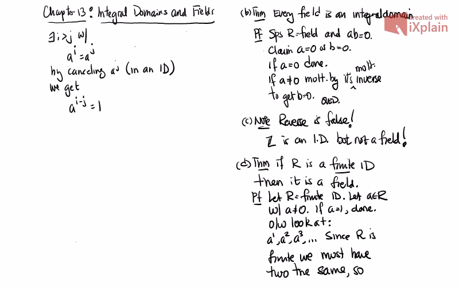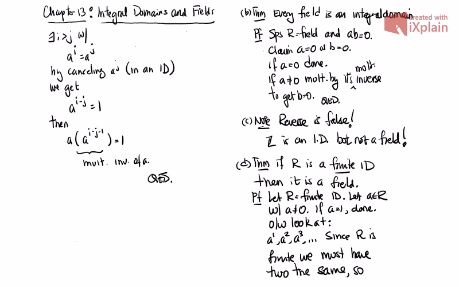I'm canceling an a to the j from both sides. Then we can say that a times a to the i minus j minus 1 is 1. And now we found the inverse of a. This is the multiplicative inverse of a. And that's the end, QED.